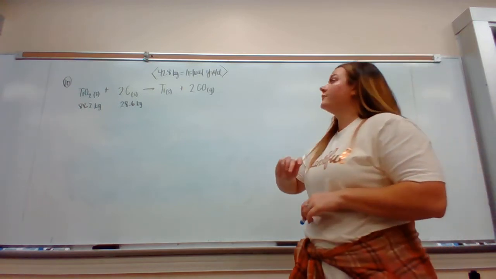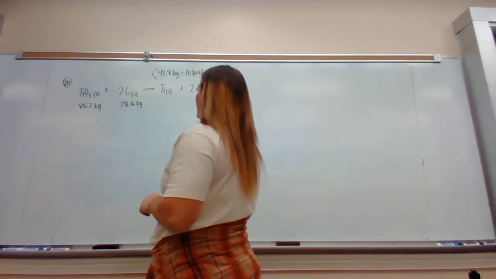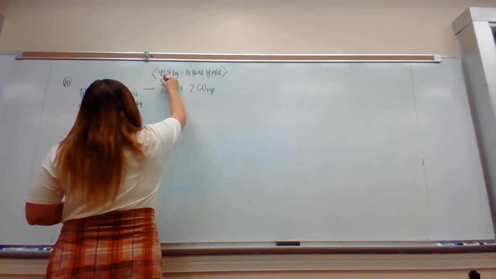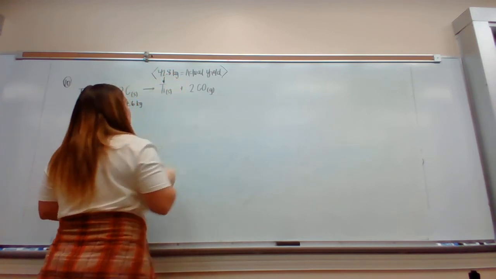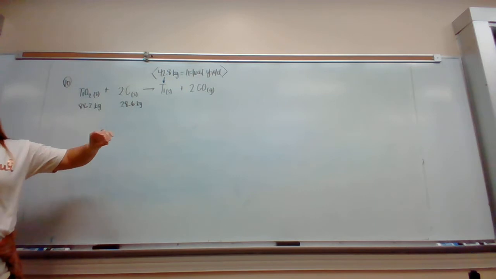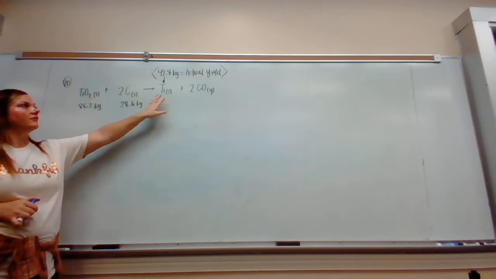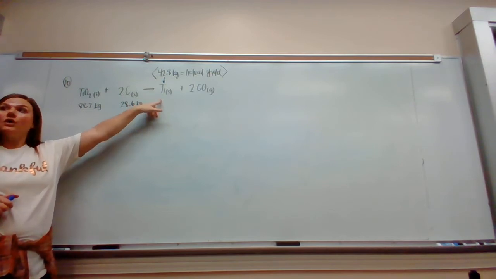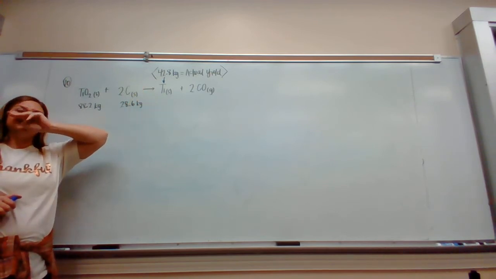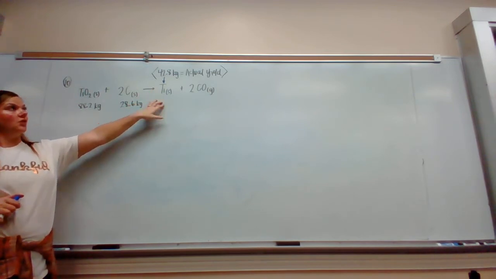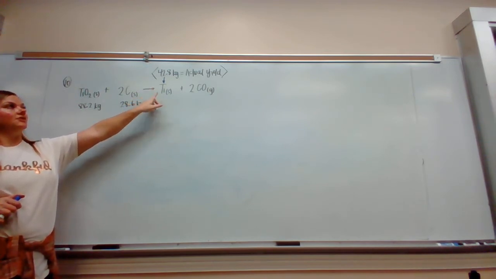So, also always use the problem to determine which product you're solving for, okay? It didn't say specifically that you needed to solve for the theoretical yield of titanium, but it told you how much titanium was produced. That tells you, okay, I need to solve for the theoretical yield of titanium.